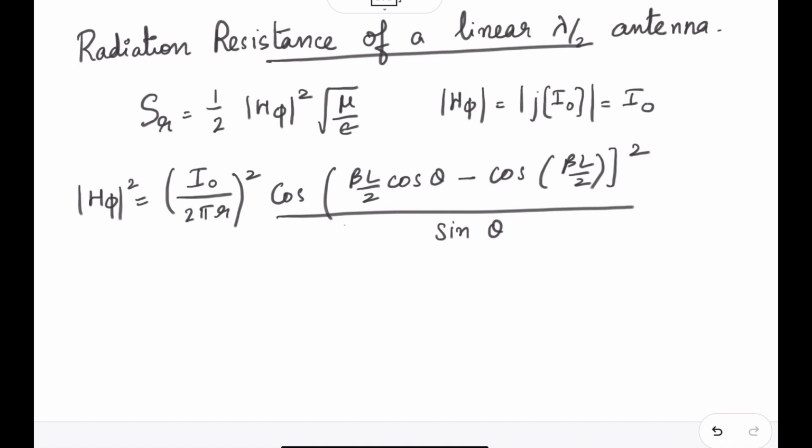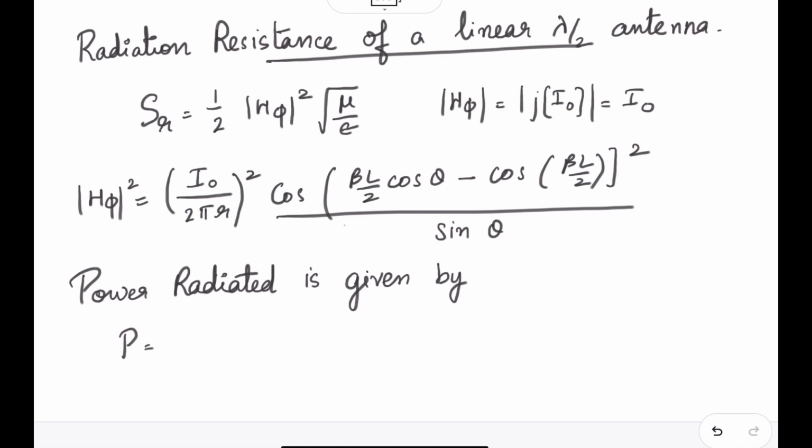So now power radiated is given by P is equal to double integral of 0 to 2 pi 0 to pi SR into ds, where ds is r square sin theta d theta d phi.